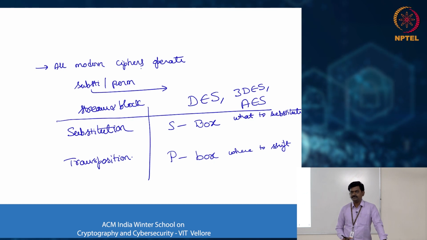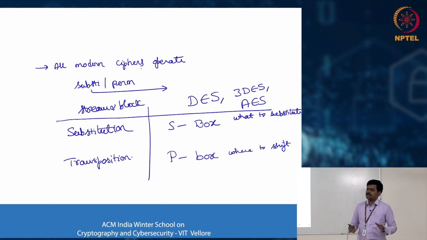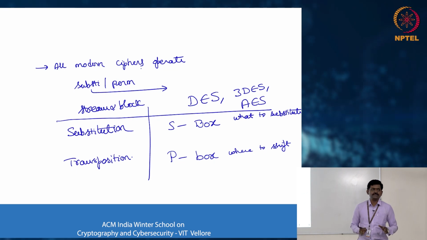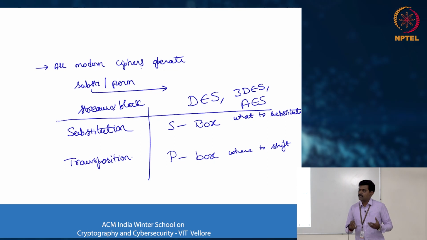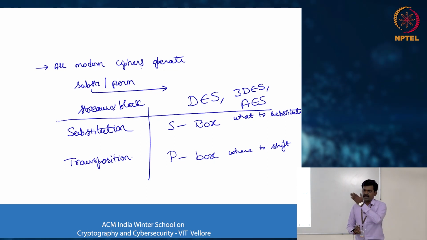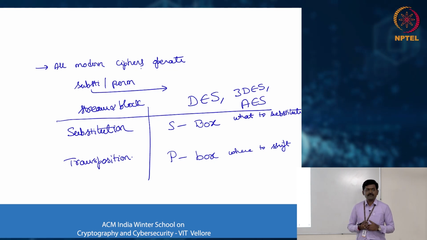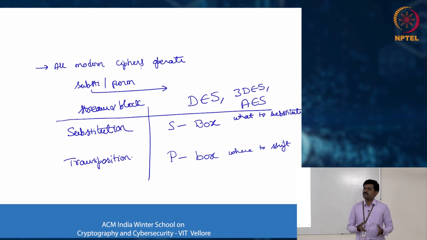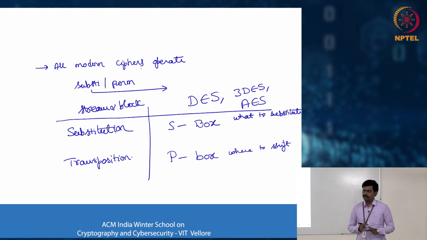Are you able to follow? So you need to understand, because the moment you go to these ciphers of DES and AES, you see S box, you see P box. So the job of S box is to say that, hey, look, put this there, or substitute this with that. The job of P box is to say, please put this there. Okay. Are you able to follow?